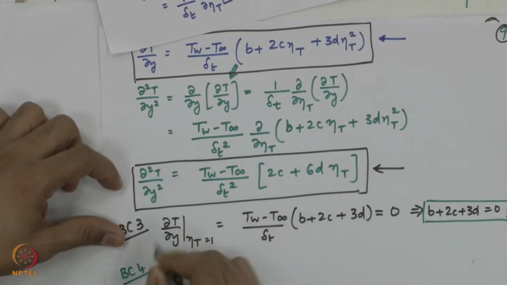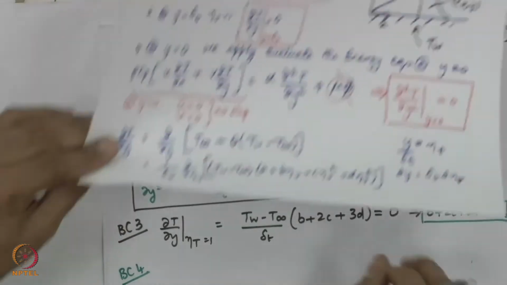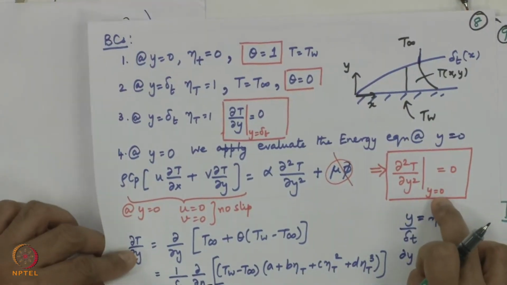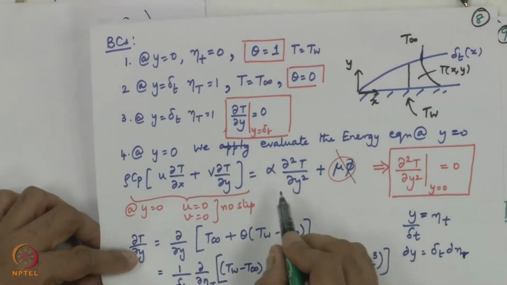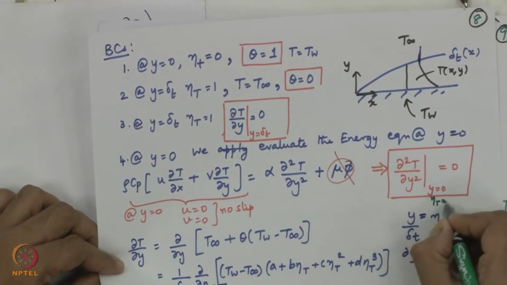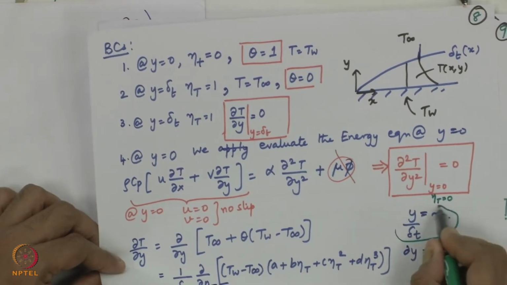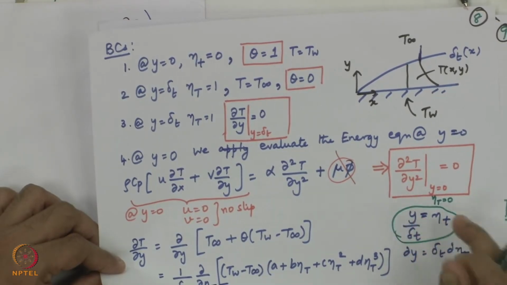BC4, d squared T by dy squared at y equal to 0 is 0. So, substitute y equal to 0, which means eta t equal to 0, correct, because of the definition of eta, y equal to 0 gives eta t equal to 0.